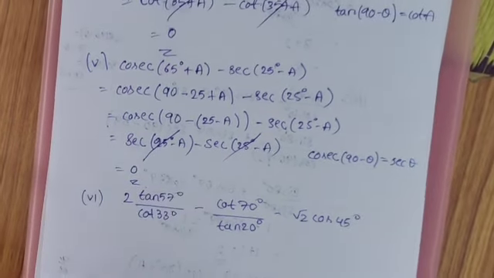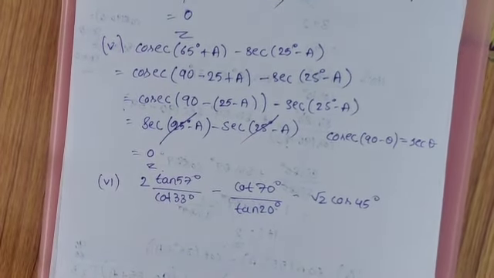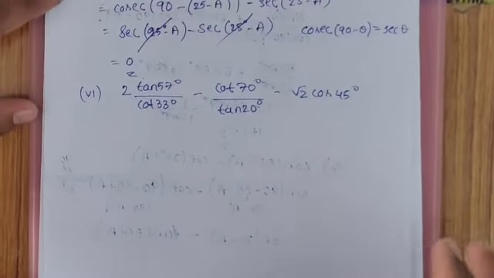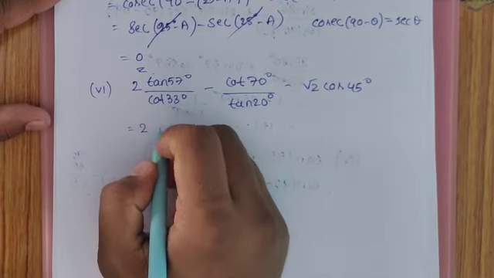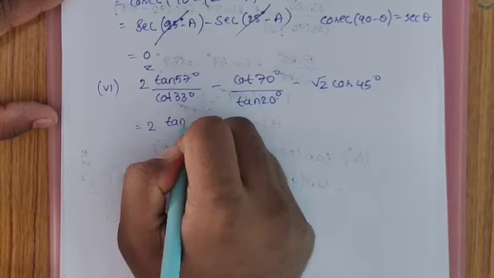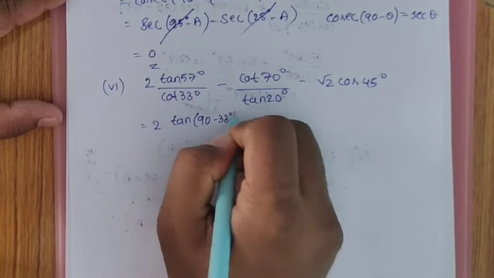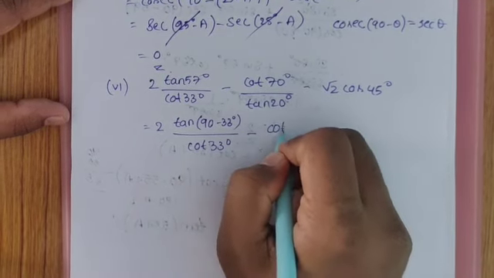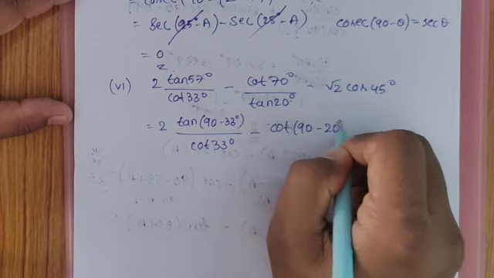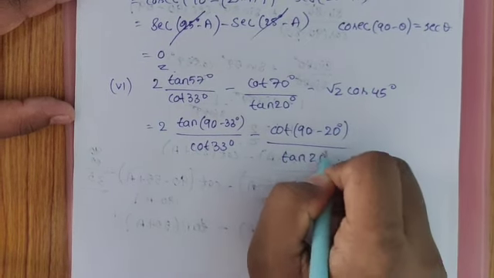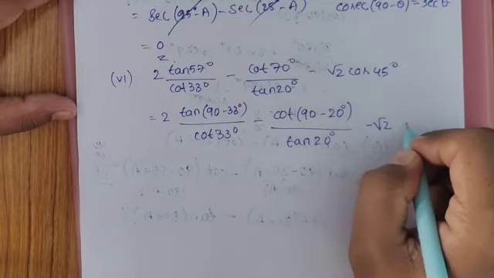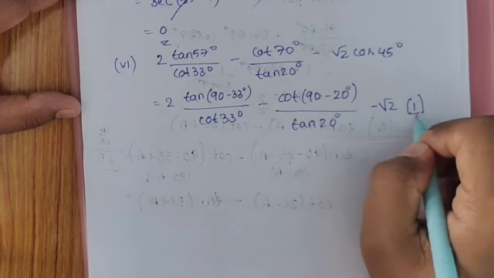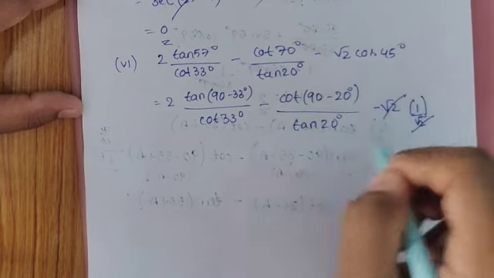Here tan 57 can be changed as tan of (90 minus 33 degree) dividing by cot 33 degree, minus cot of (90 minus 20 degree) dividing by tan 20 degree, minus root 2 into cos 45, which is 1 by root 2. So here root 2 gets cancelled.